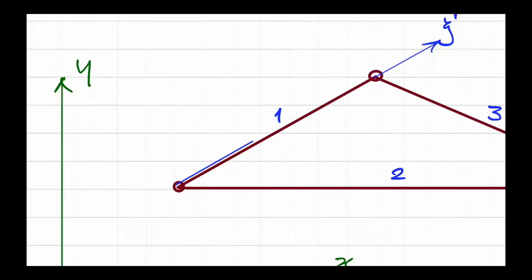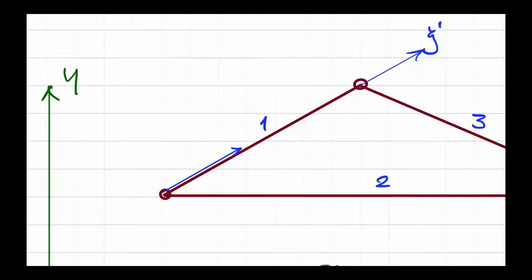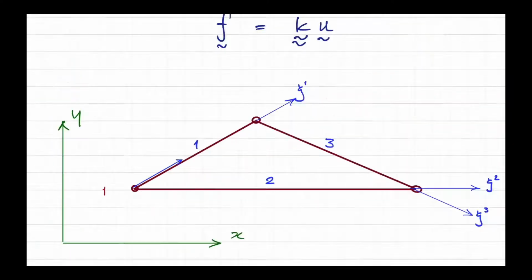For member number 1, you have the first node. Let's call this node number 1, node number 2, and this is node number 3. It depends on your choice of naming. It doesn't really matter, as long as everything is done consistently, we will end up with the right solution.